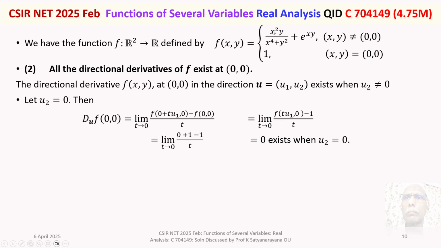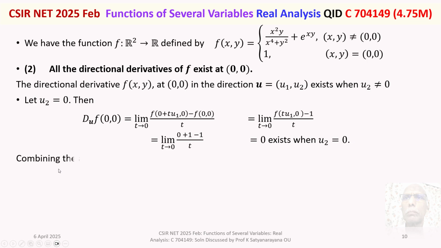For x you substitute tu1, for y you substitute 0. So this will be 0, e to the power of 0 is 1, minus 1, since f(0, 0) is 1. So it is 1 minus 1, 0. So the limit is 0 when u2 is 0.